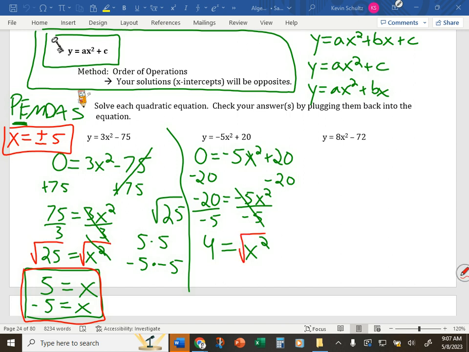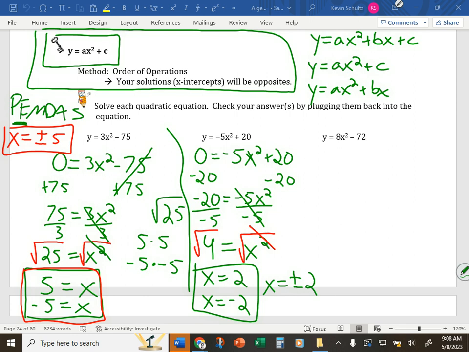The root of x squared, those operations cancel out. The root of 4, x equals 2, but because it's a parabola, x also equals negative 2. If you want to shorten that up, you could say x equals positive and negative 2.